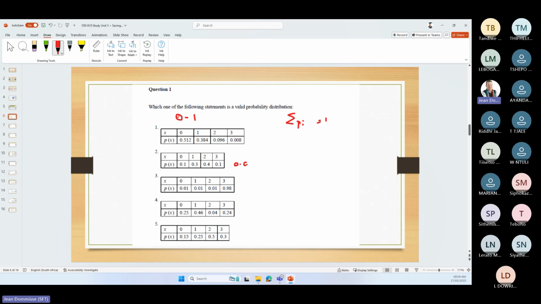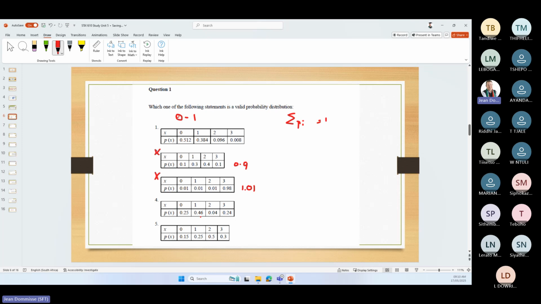So we know that probabilities don't add to 1, so that is an incorrect one. Okay, 0.01, there's 3 of them, plus that gives us 0.01, close to 1, but a bit more than 1, so also incorrect.